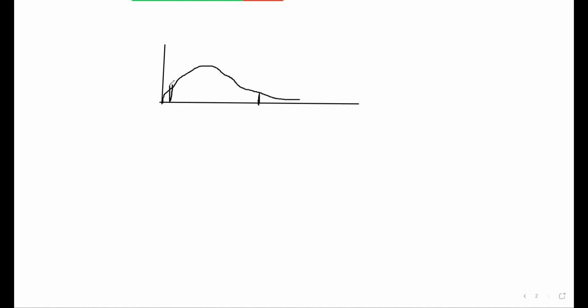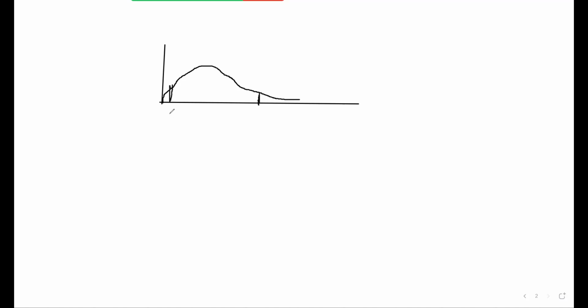Now, remember in your program that you use, it's the area to the right. This is the only distribution you've seen so far that does this.